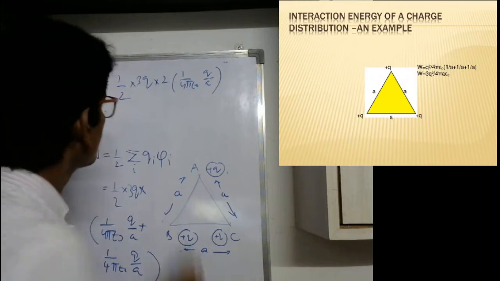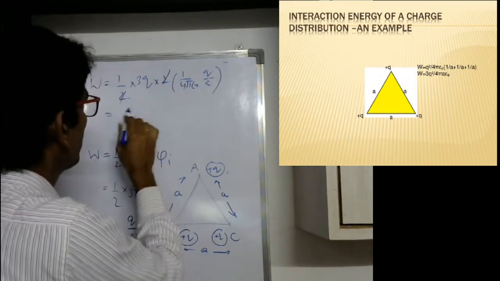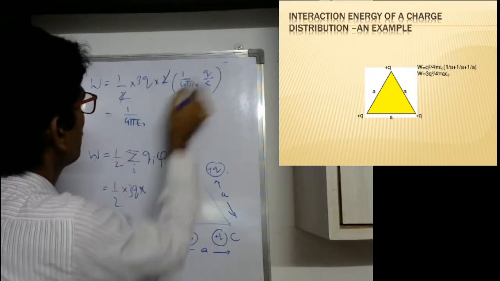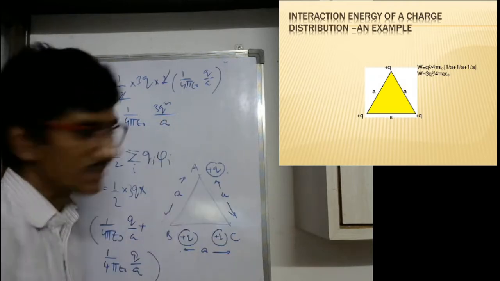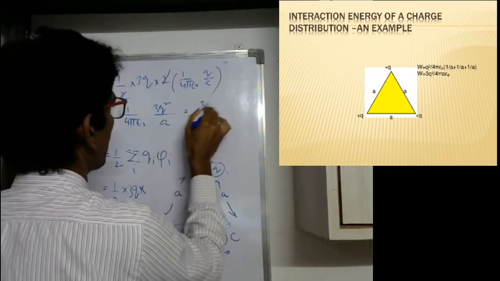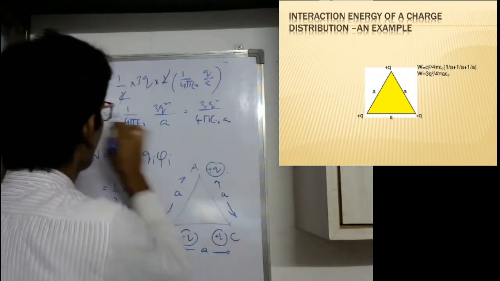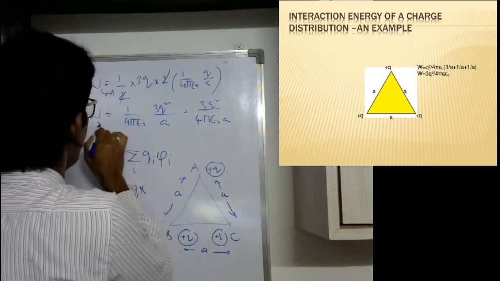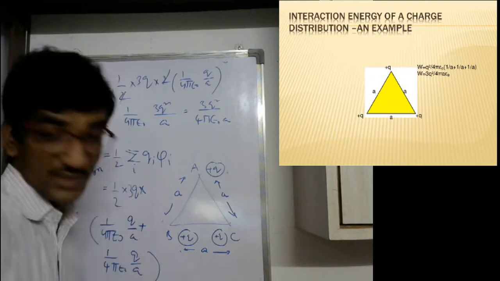Here, these two and these two cancel. How much are you getting? 1 by 4 pi epsilon naught 3q into q, 3q square by A. Otherwise, you write this as 3q square by 4 pi epsilon naught A. Okay, W system is equal to this.